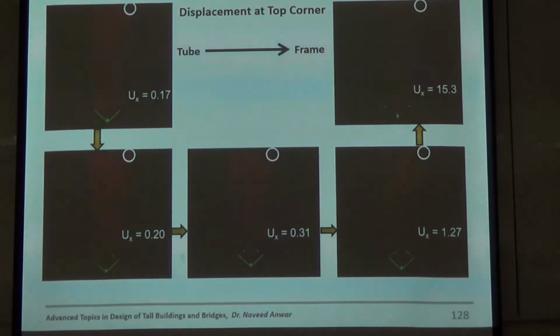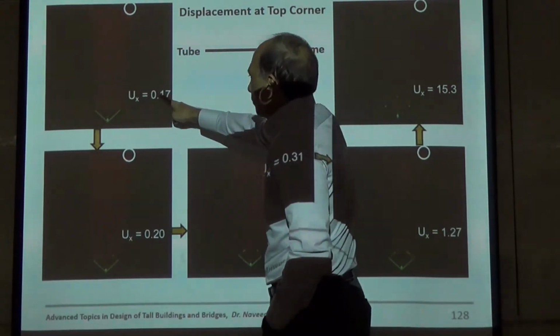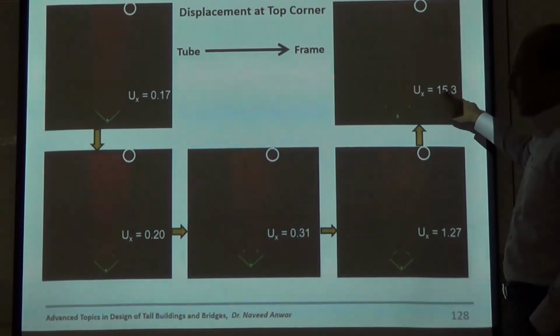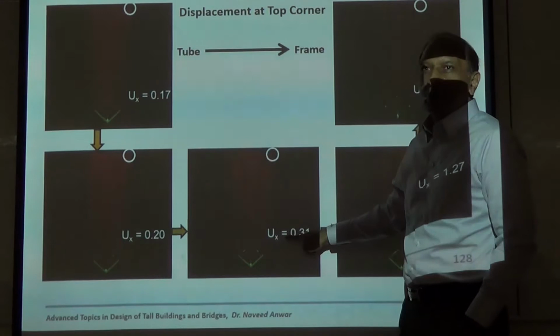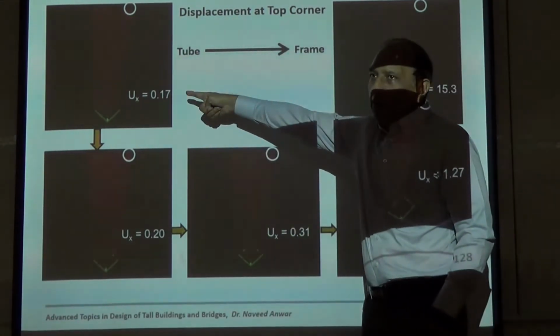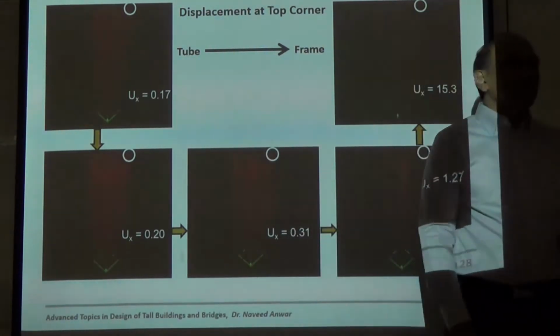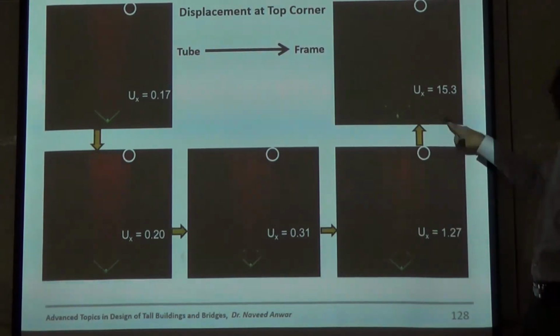So if it's a full solid wall, with the same loading, displacement is 0.17. If it's a very, very thin frame, displacement is very large. But if you consider it in the middle, displacement is actually not that big yet. Between a solid wall and a wall with openings, the displacement is not much different. After some time, it starts to become very large.